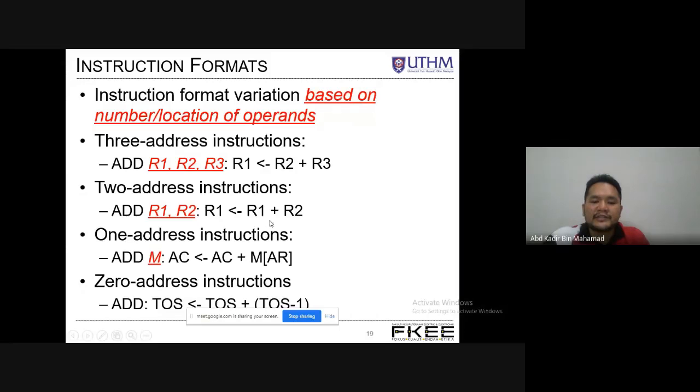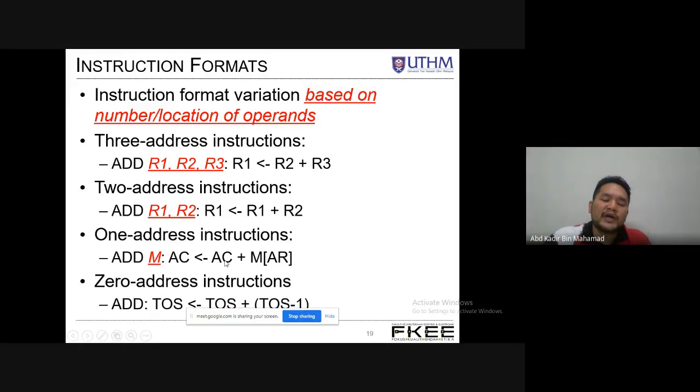For 2 address instruction, this one, R1, R2, and then you store at R1. For 1 address, it is involved with ACC, the accumulator, and M, which is basically the memory address register.